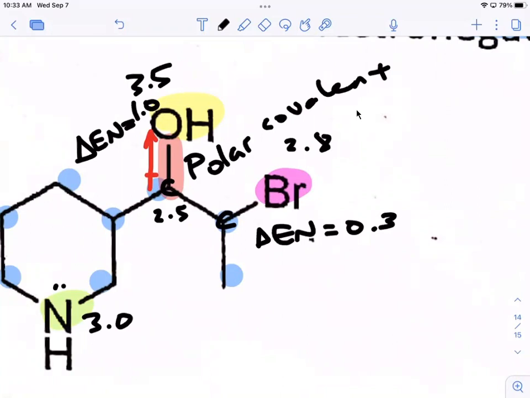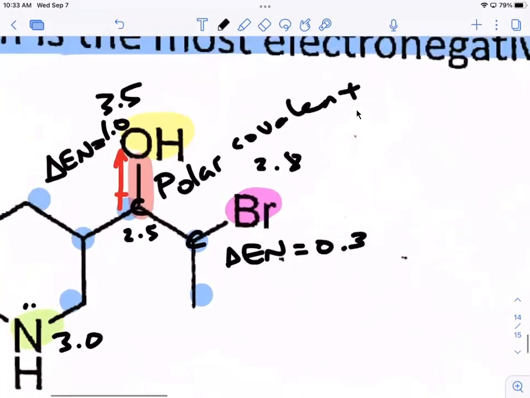Non-polar covalent. Good. Now, it is still going to have a very weak dipole because bromine is a little bit more electronegative than carbon. That's important when we think about intermolecular forces, which we're going to talk about sometime this week, maybe next week.